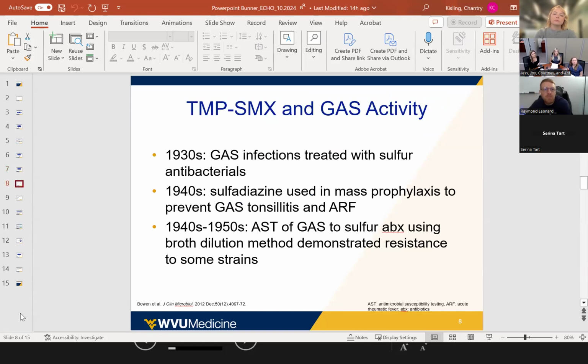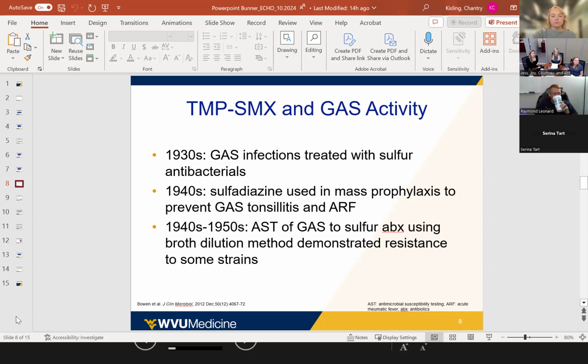There has been some hesitancy in the past with Bactrim for group A strep coverage, and we'll go through the history of that. Starting in the 1930s, group A strep infections were treated with sulfur antibiotics, and then they started to use sulfadiazine in mass prophylaxis to prevent group A strep tonsillitis and acute rheumatic fever. So we would expect maybe some resistance to develop there.